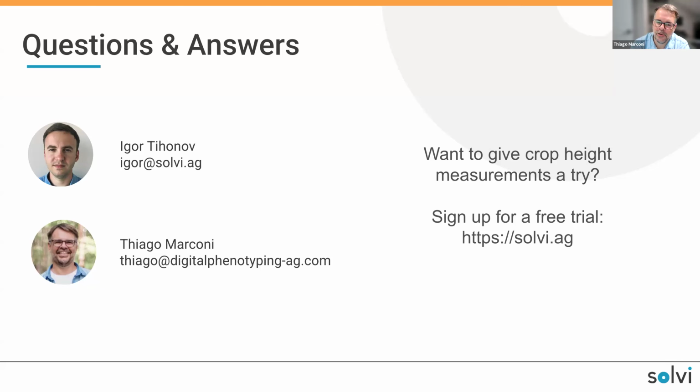On top of that, GCPs also help us with the temporal data, right? Because when you collect data over time, it's very important to lay out your plot boundaries exactly where the previous flights were. So the GCPs will help you do that. And sometimes you don't have access to RTK where you are as well.